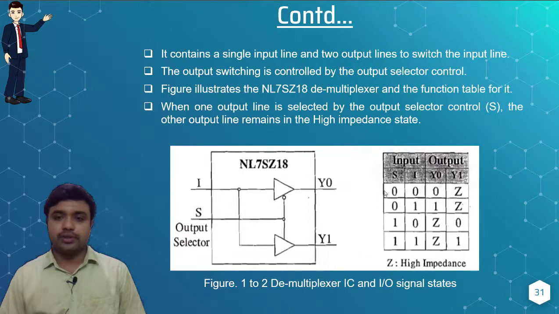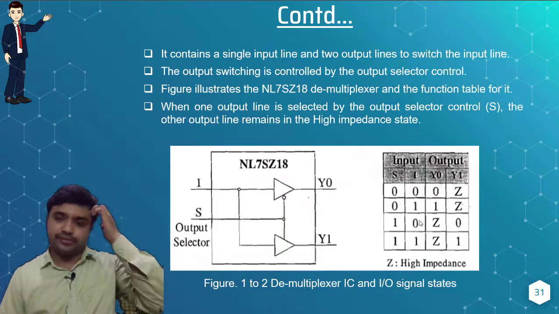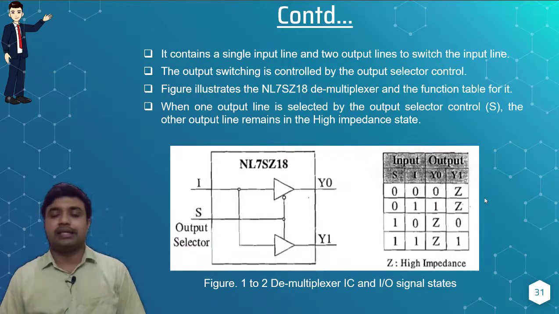For the input A condition and select case 0, you can directly realize the function at Y0, and the output for Y1 is at high impedance level. That means no output is presented at the Y1 condition. Like that for 01 it is Z and Y0, for 10 it is Z0, and for 11 it is Z1. So these are the combinations for the demultiplexer operations.